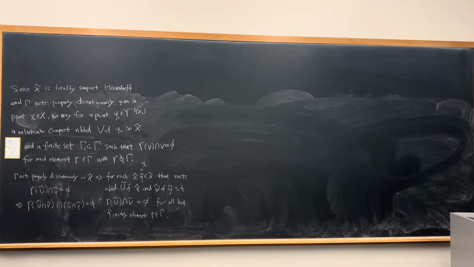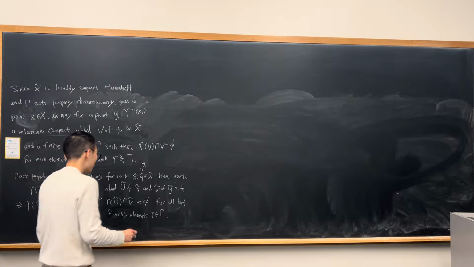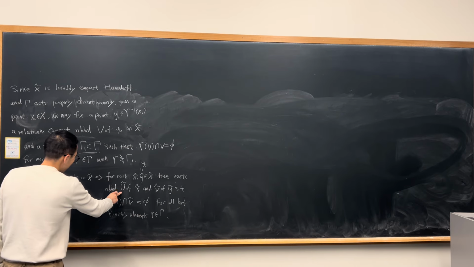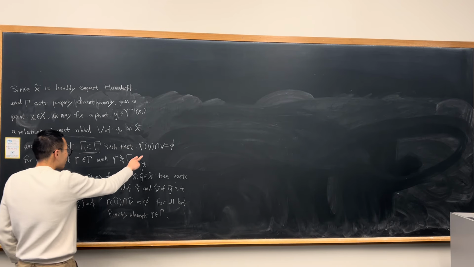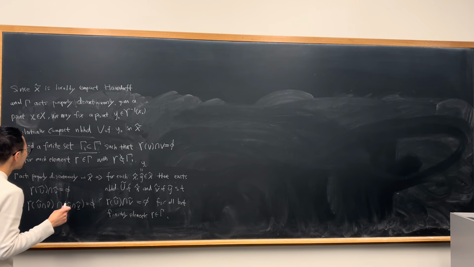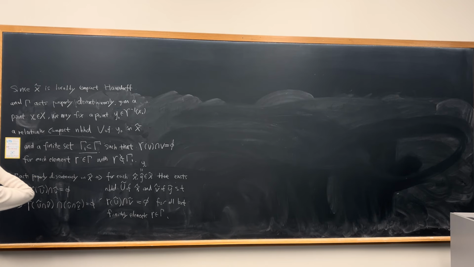So here we have that, right? We just take the neighborhood u to be the intersection, and take the v to be the intersection of these two sets. Namely, here is a relatively compact neighborhood.